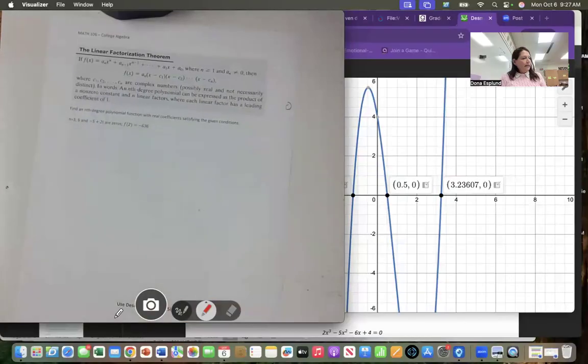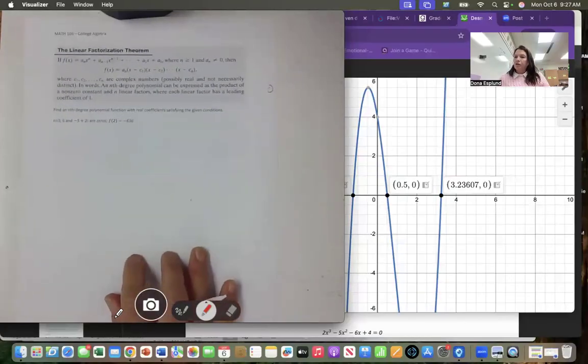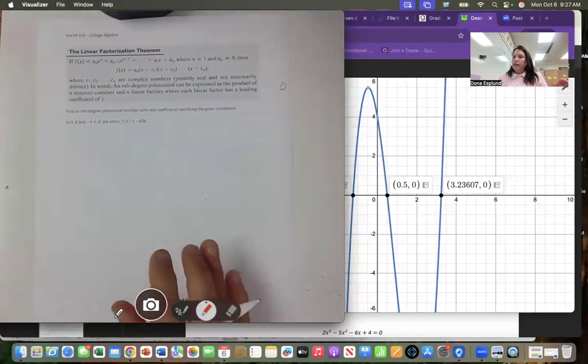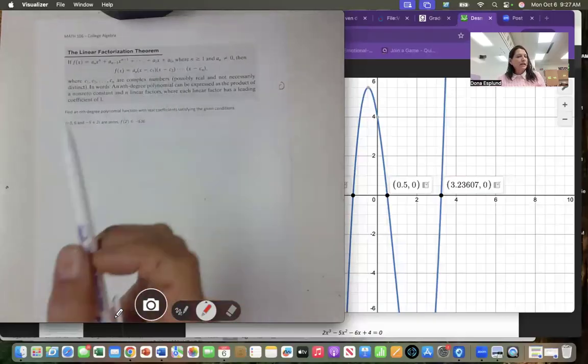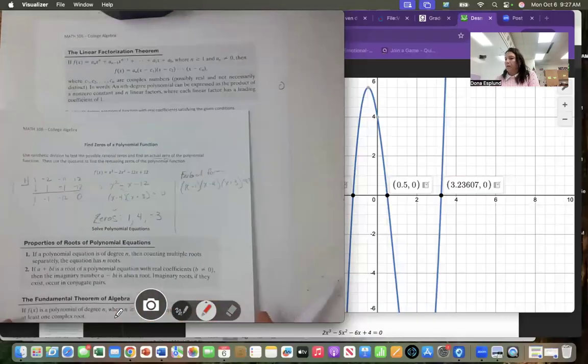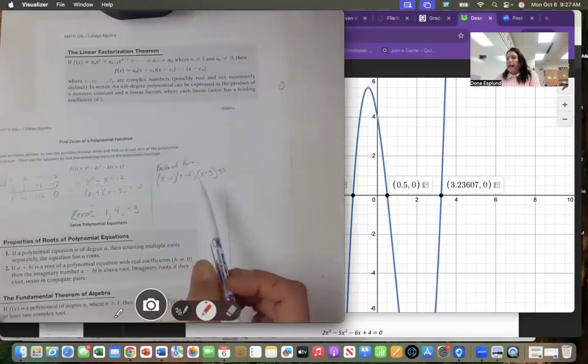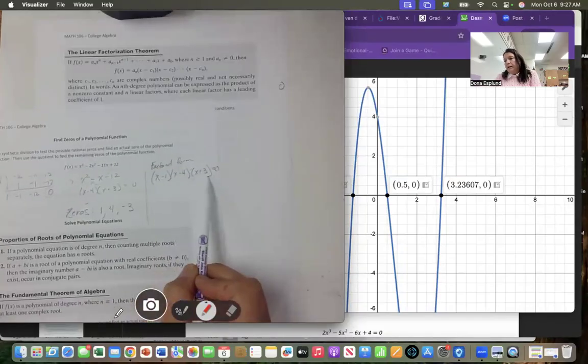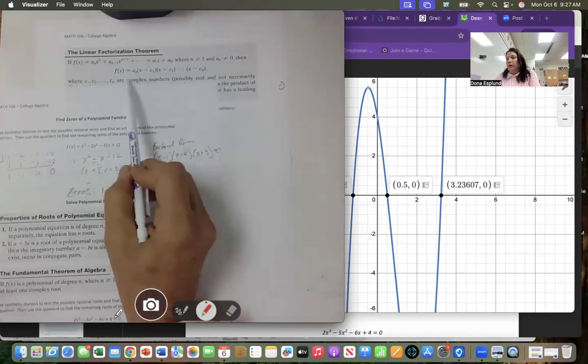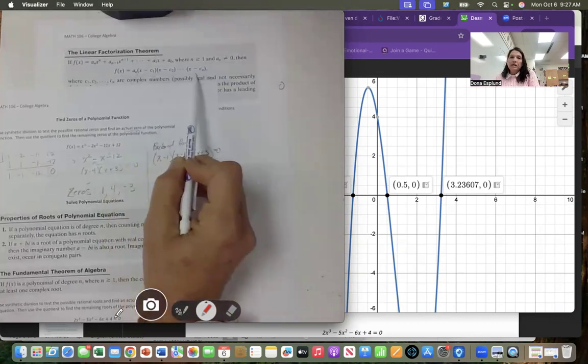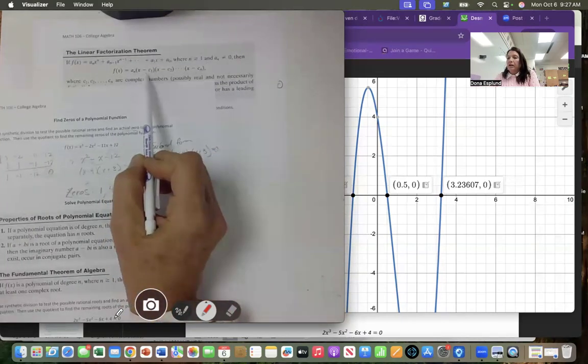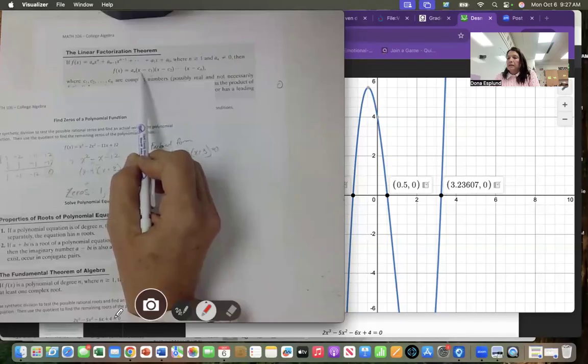All right, and because of the factorization theorem, what they're saying is if I have a zero, just like I did before when I did this problem, which was a little easier, I can write it in factored form. What they're doing is taking all the zeros and going x minus that number.